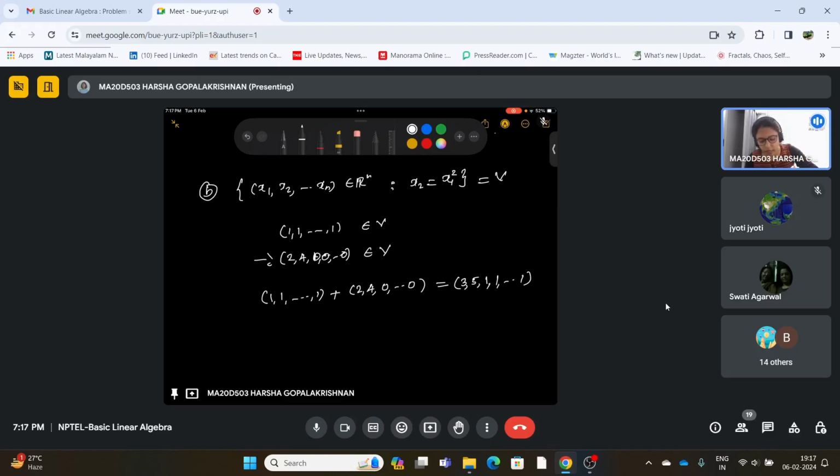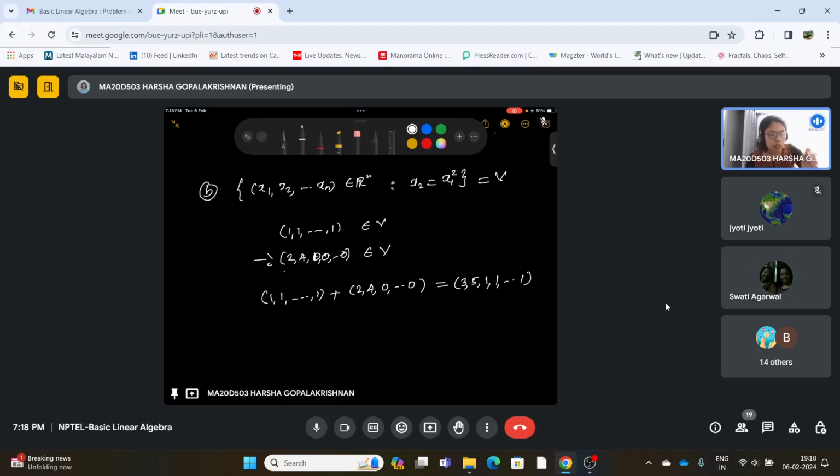The second element always, we can see x2 is a square of x1. Here also the second element 4 is a square of 2. So we are just adding. This is the linear combination: 1, 1 plus 2, 4. What we are getting is 3, 5.